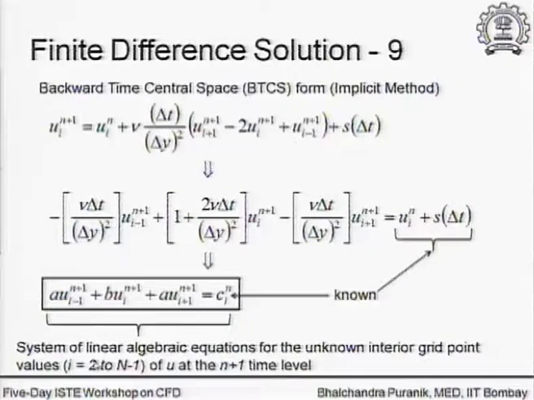And basically the grid points of interest here which will constitute this linear system will be from i equal to 2 to n minus 1. Why? Because i equal to 1 and i equal to capital N are our boundary points where the values are known. You can always include those as additional equations to complete this, which is what I have done later, but fundamentally this is a system of linear equations for the interior grid points.